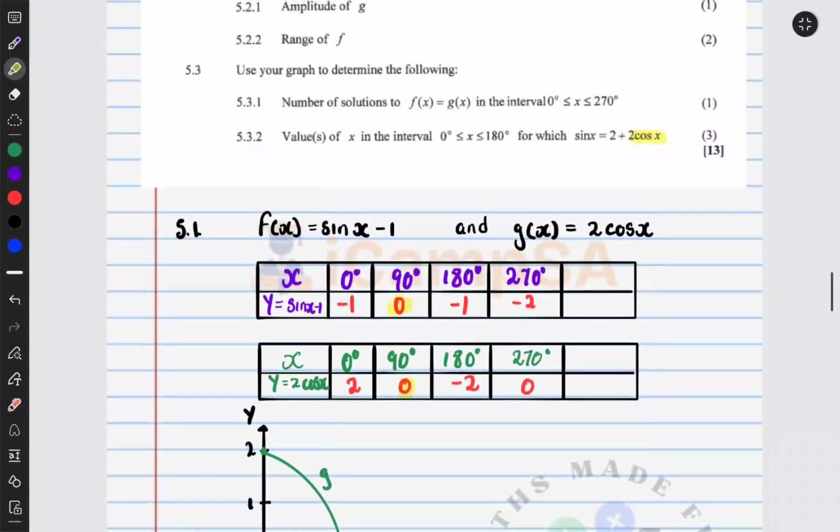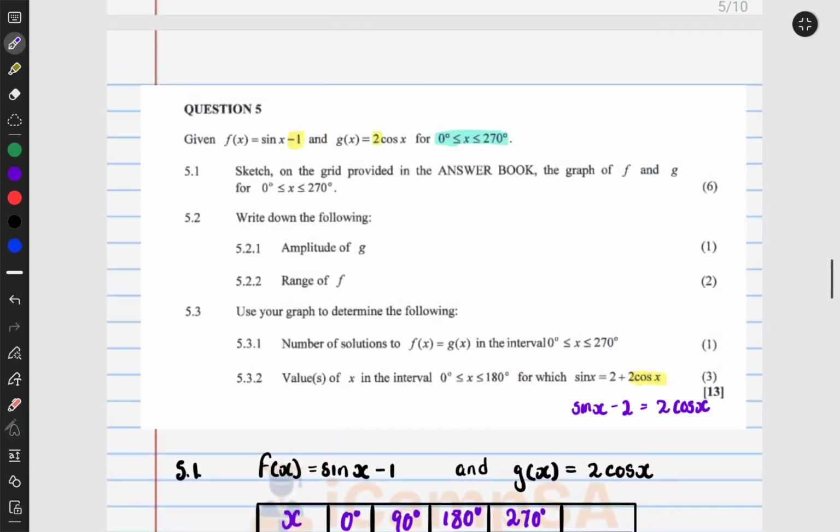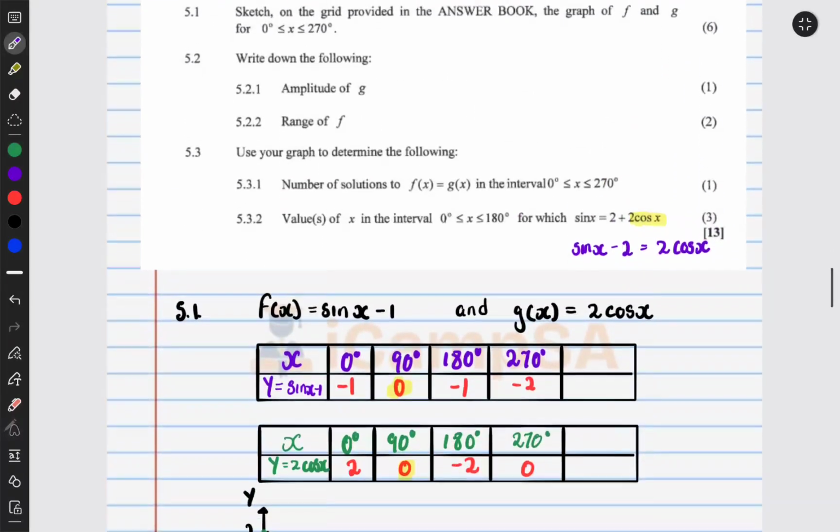Okay, if we take that 2 to the other side, we're going to have sine x minus 2 is equal to 2 cos x. You see that sine x minus 2 is similar to this function f, sine x minus 1.